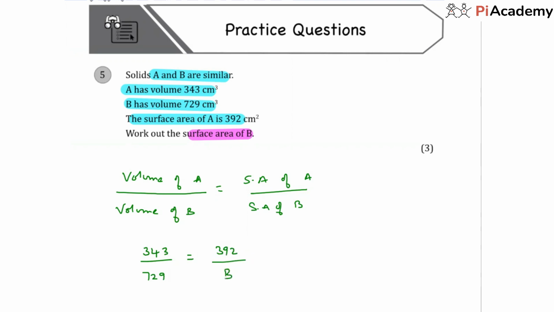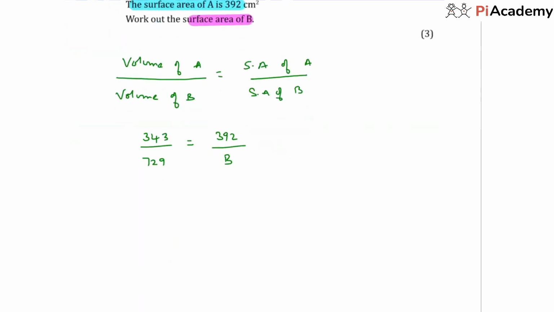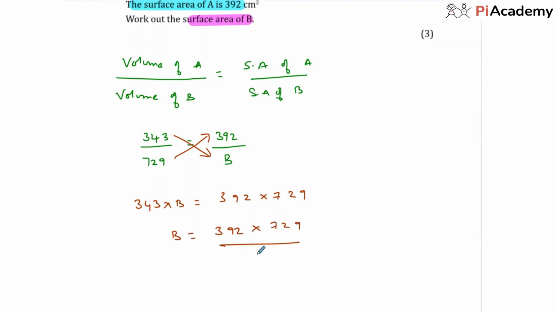Now you have these fractions. Like the other day I said, when 2 fractions are equal, cross multiply. So 343 times B is equal to 392 times 729. So B is equal to 392 times 729 divided by 343.